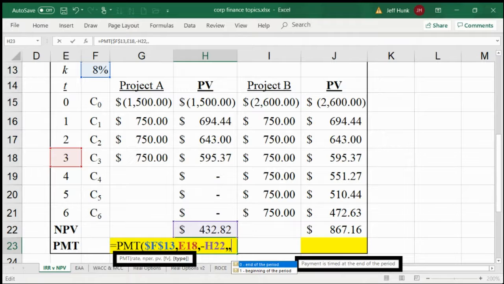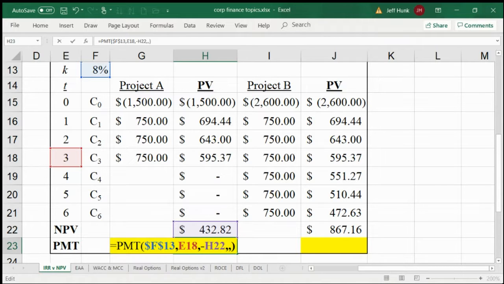You put 0 or just leave it blank, because blank is the default. The default is always ordinary annuity, and for ordinary annuity it is 0 or nothing. For annuity due, you put 1 there. So you hit OK, you get 167.95.